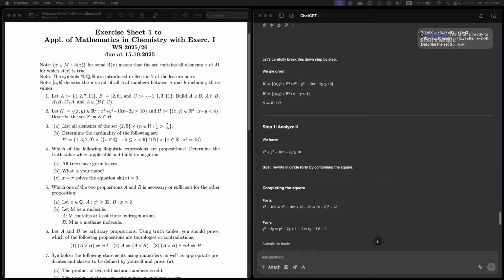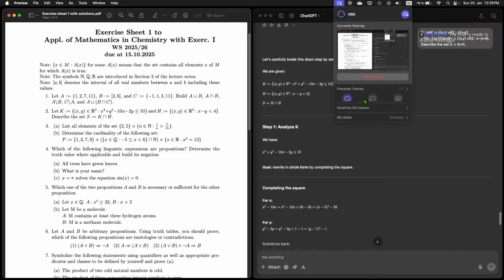Oh, that one. Okay, that's good. Okay, it's not looking the best. Should I share my camera if it doesn't make a difference?